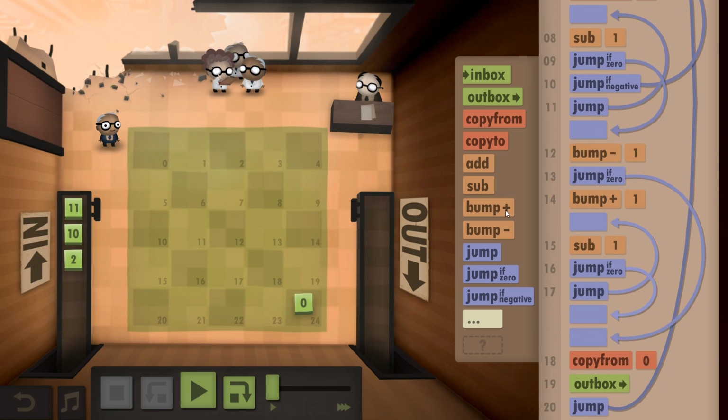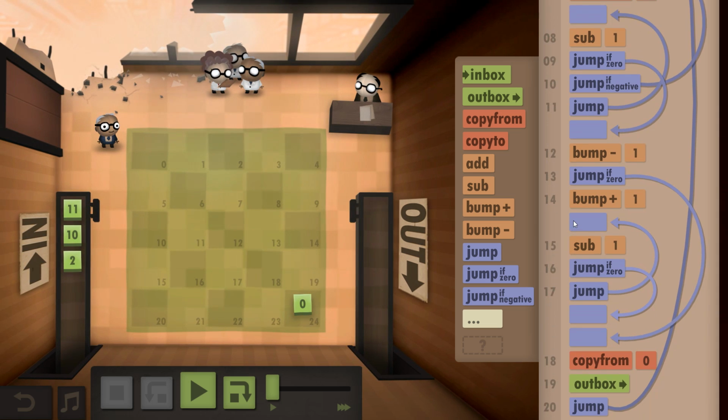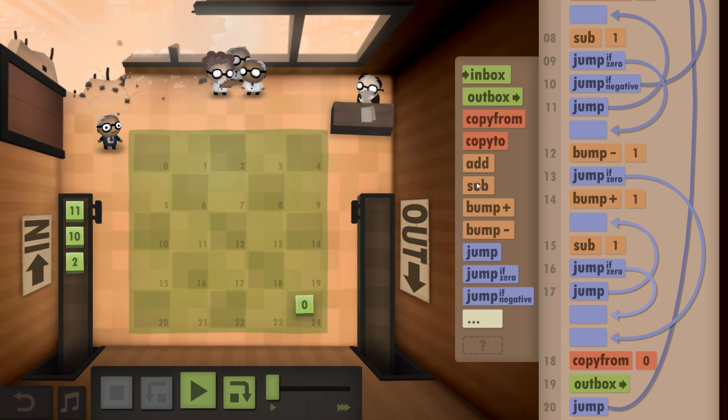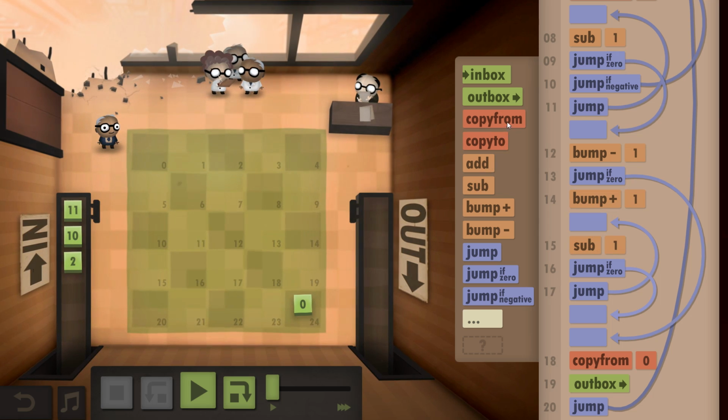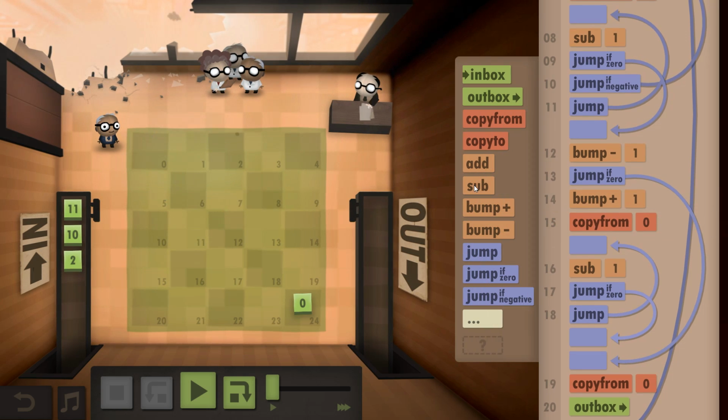But I need to outbox the result first. That's the only thing I need to do still, right? Please tell me I'm right. I'm losing my mind here. Come on. I want it back, and then I want a result. Copy from 0.